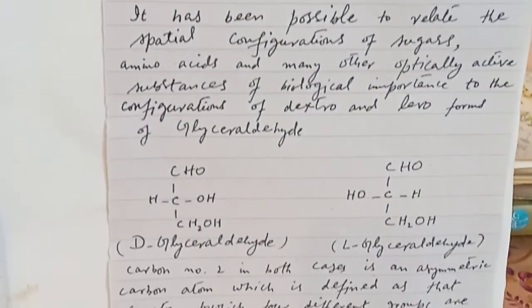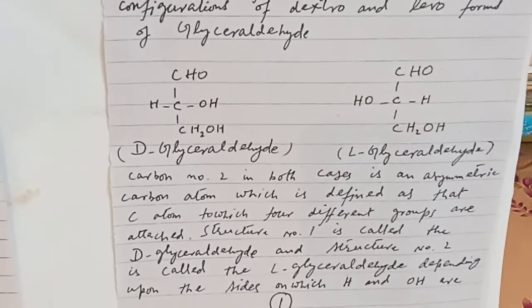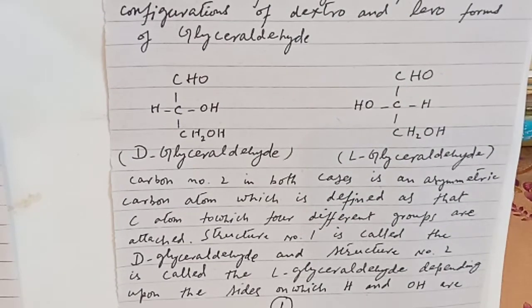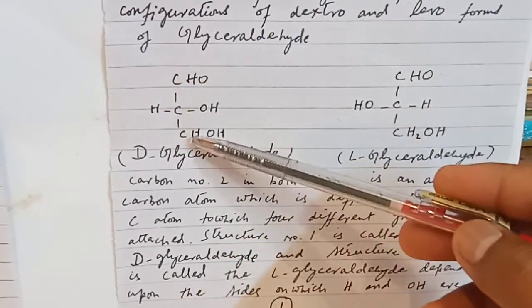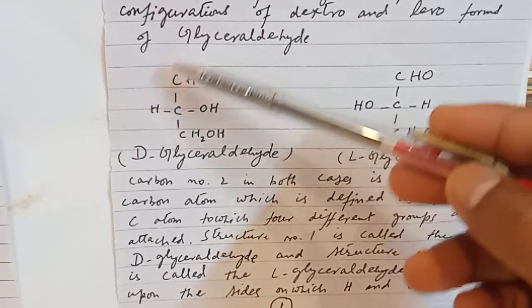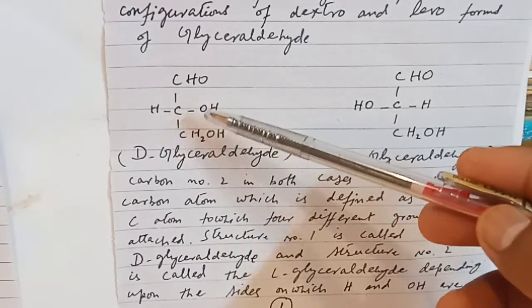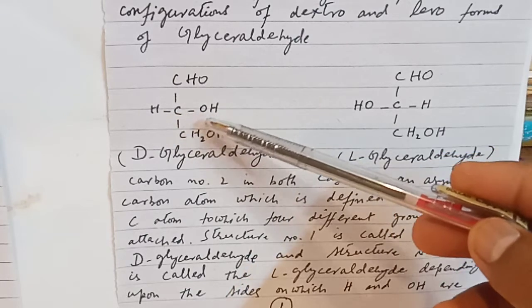Here, this is the structure of the 3 carbon atom containing glyceraldehyde. In this structure, this is D-glyceraldehyde, a 3 carbon atom aldose sugar, because the aldehyde group is attached at the first carbon atom, and at the second carbon atom the alcoholic group is arranged on the right side.